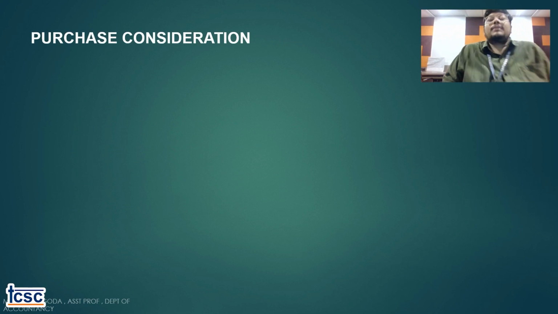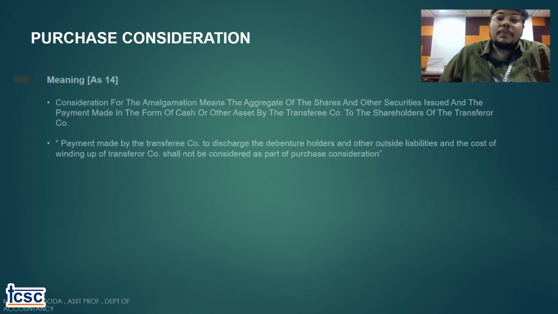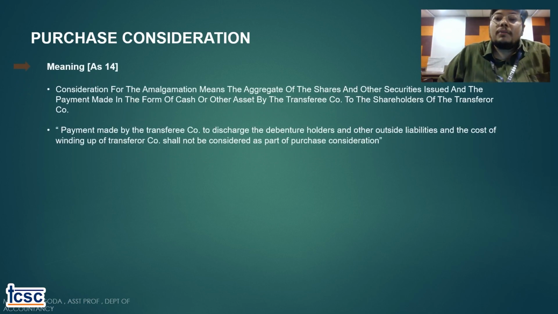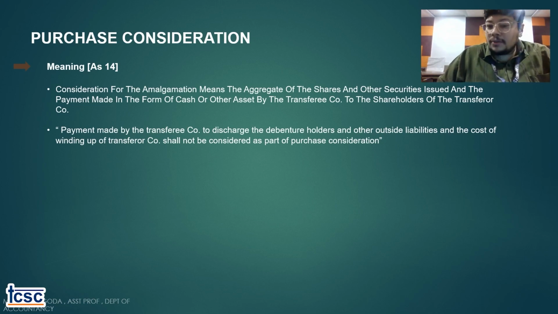Next, what is this purchase consideration? From the start of the lecture, I have been talking about purchase consideration and how it is to be dealt with. So, purchase consideration, as per Accounting Standard 14, is the aggregate value of the shares and other securities issued, and the payment made in the form of cash or assets by the transferee company to the transferor company.